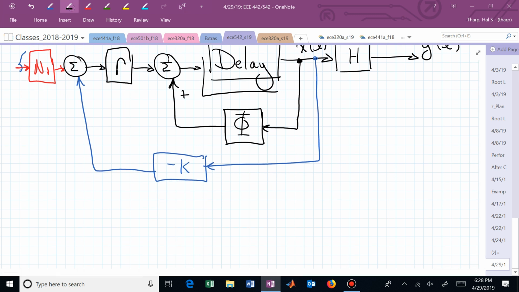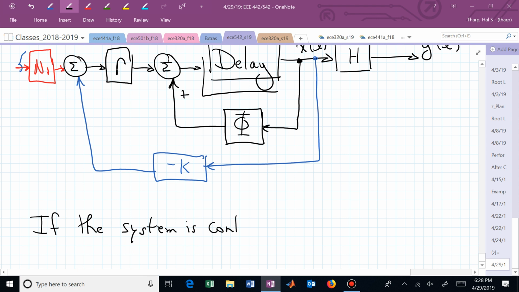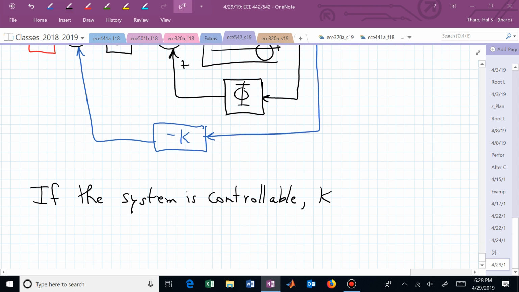But what we do know is if the system is controllable, K can adjust the dynamics arbitrarily.